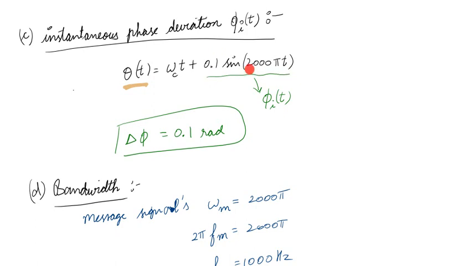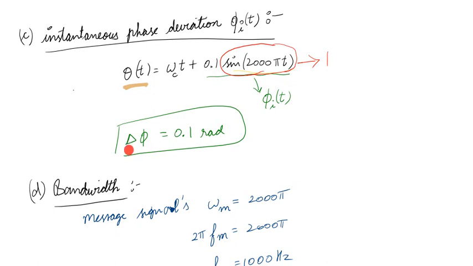What is the phase deviation? For the sine term, the maximum value is 1. So how much is the phase angle deviating? It is deviating by 0.1, see, omega c t plus 0.1.